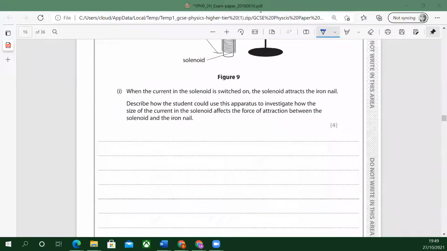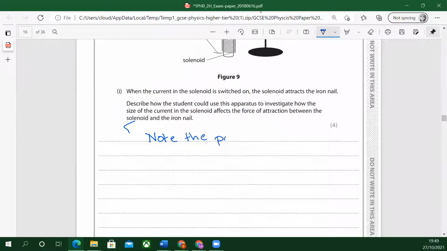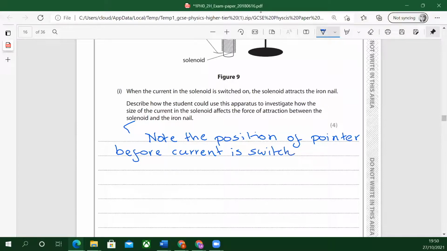So the first thing to do is note the position of the pointer before the current is switched on. We need to know what it was before we can measure a change, don't we?